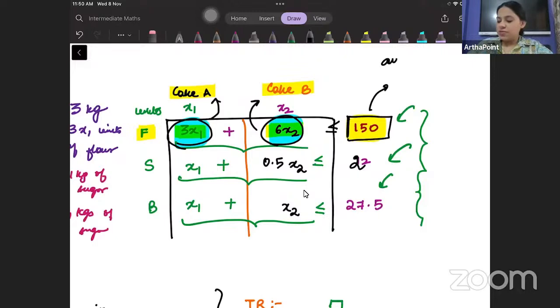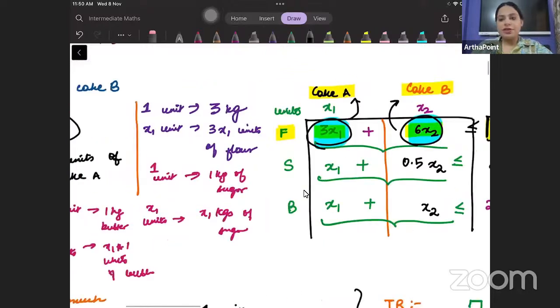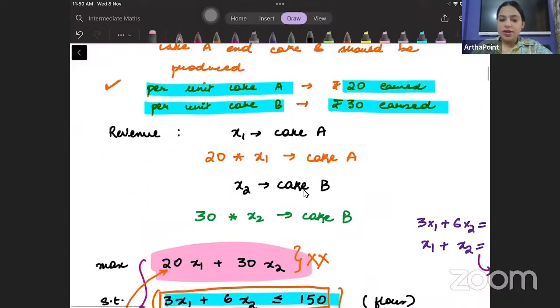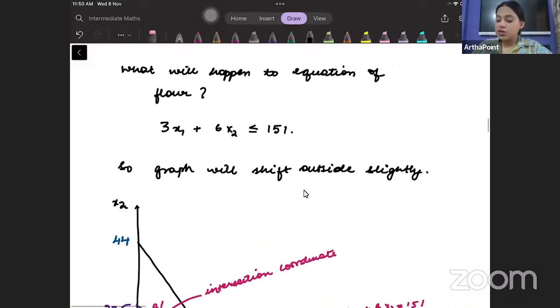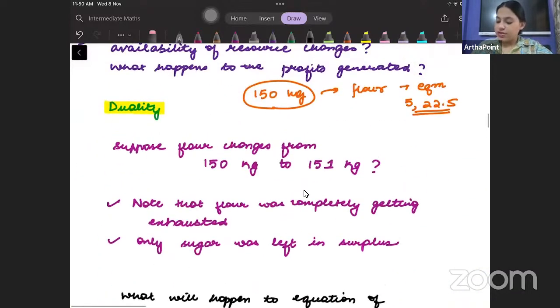This was the availability of flour, which was restricted to 150 kgs. Now I'm asking what will happen if I add one more unit to it. So instead of 150, I now have 151 kgs.